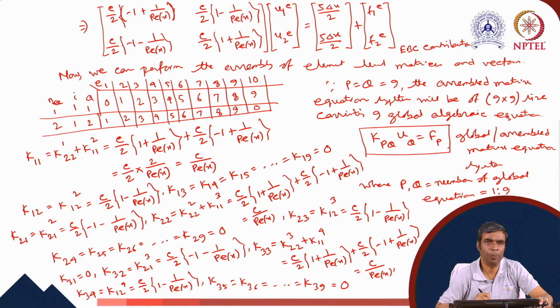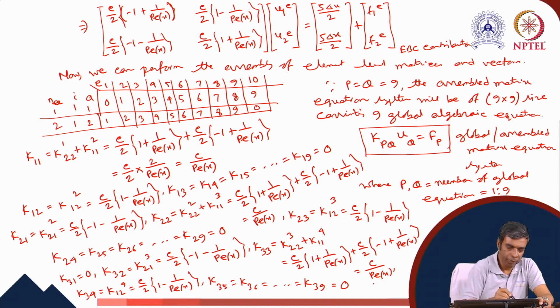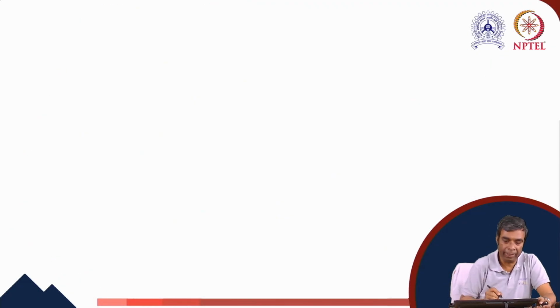Then we can also predict the terms. The main diagonal term will be C by PEX. Similarly, the super diagonal term, the K12 term, equals C by 2 into 1 minus 1 by PEX, and similarly the subdiagonal terms will be C by 2 into minus 1 by PEX.